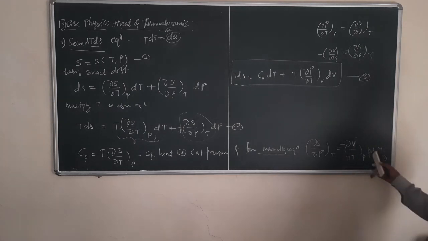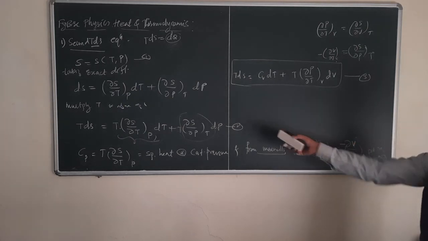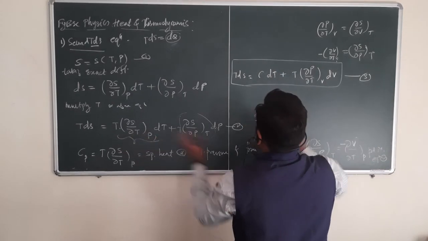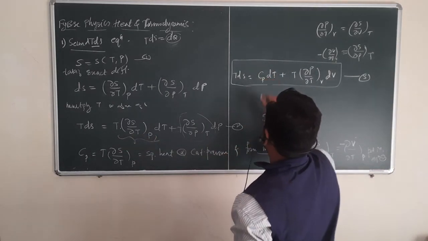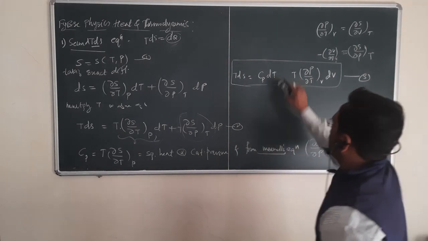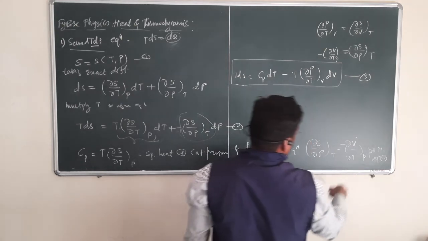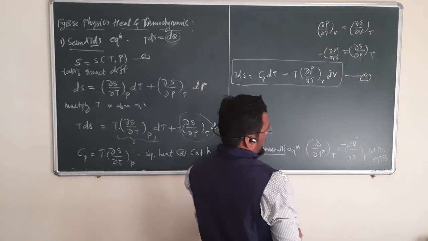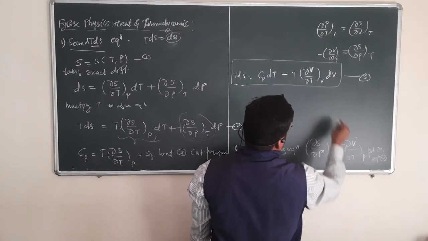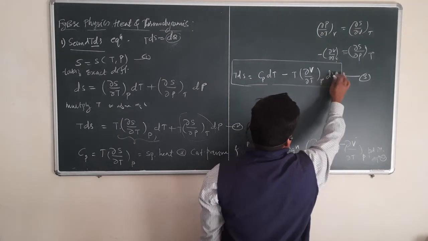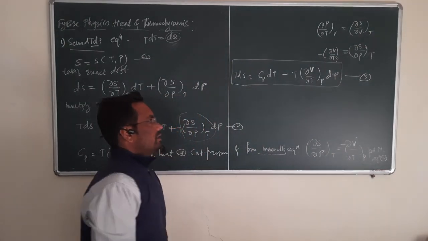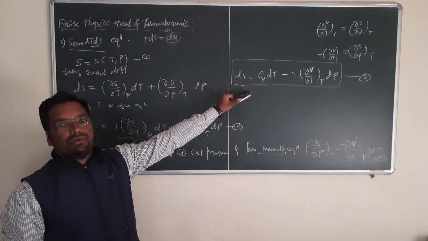We put that in equation 2, so the equation becomes TdS equals, instead of this, Cp dT plus T into, with this minus sign, the partial derivative of volume with respect to temperature at constant pressure into dP. And this is the second TdS equation.